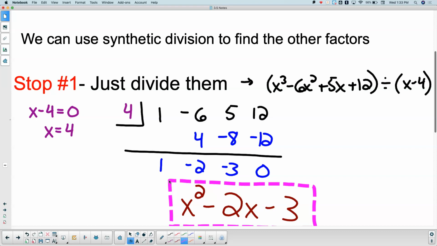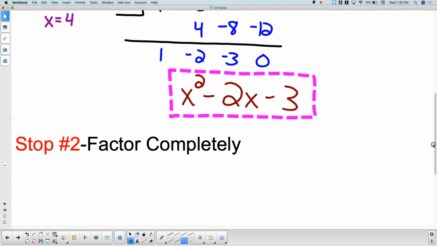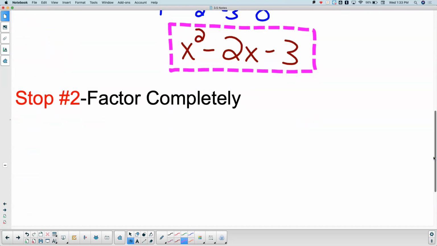Okay? All right? So, no matter where you're going, you're going to have to go through stop number 1. So you got to straight up divide it. Then, stop number 2 says, now we could also factor that one completely.